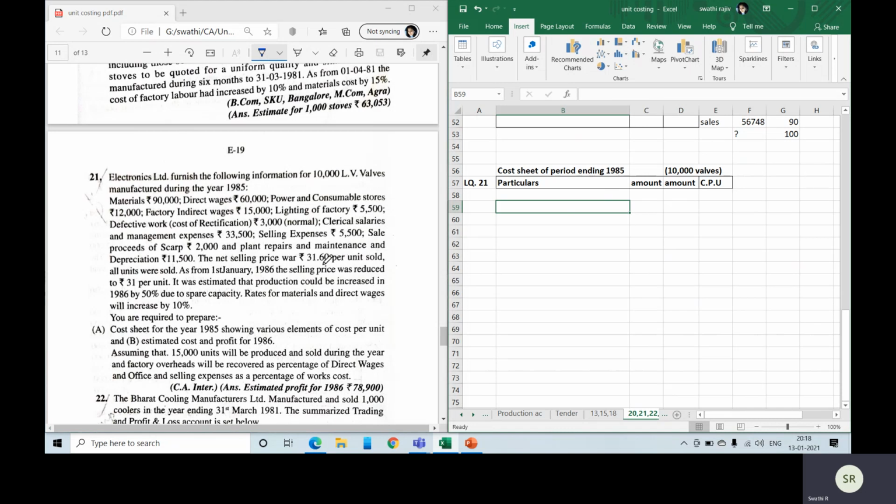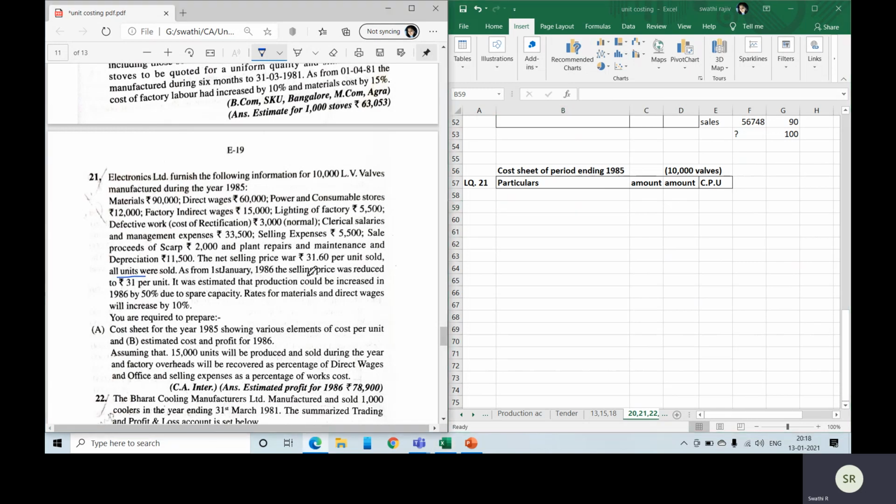Net selling price was 31.60 per unit sold. We already know the units sold, because there's no finished goods or opening stock, so we'll assume it as 10,000 itself, at 31.60. All units were sold.